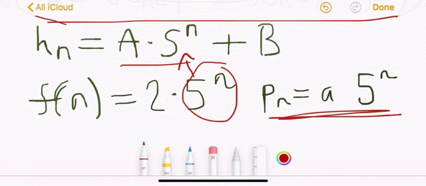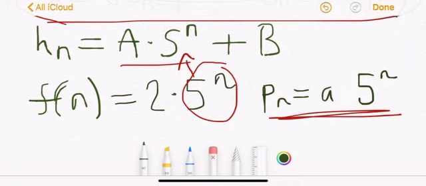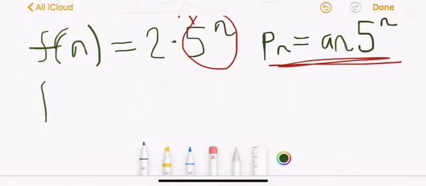So what we need to do in this situation, and for reasons I'm not going to explain, we're going to multiply this by an n. Because there is already a 5 to the n in h of n, the particular solution needs to be multiplied through by a factor of n. A similar situation would happen if we had f of n equal to 3.